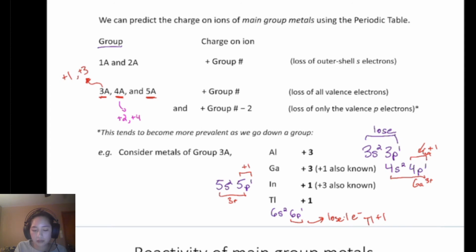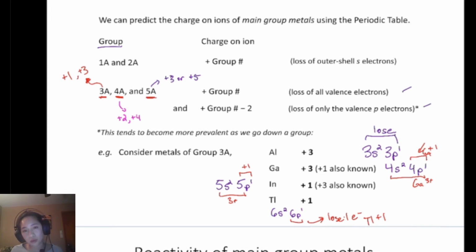And for group 5, we can have a +3 or +5 charge. The reasoning for the two different charges is that either you lose all of the valence electrons, or you just lose the valence p electrons. So that's the meaning here.